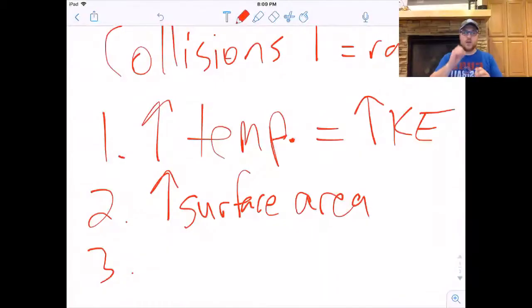You're taking one large tablet, right? And that one large tablet has the surface on top and a little bit on the sides and the surface on the bottom. Well, if you crush it, you're exposing all of those surfaces to multiple different sites. You're just making it easier to react. So if you increase the surface area, you'll get more collisions, you will get a faster reaction.